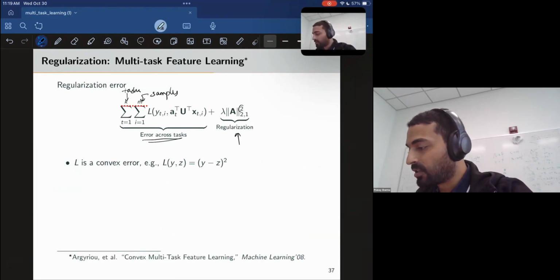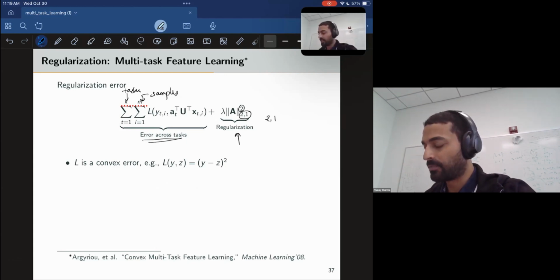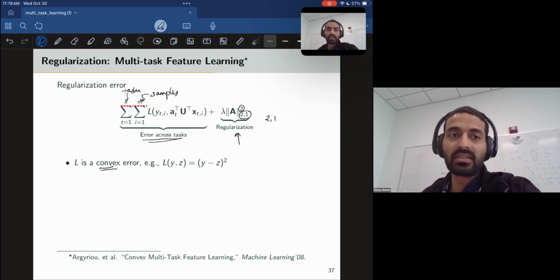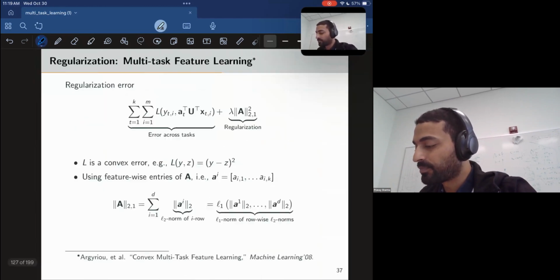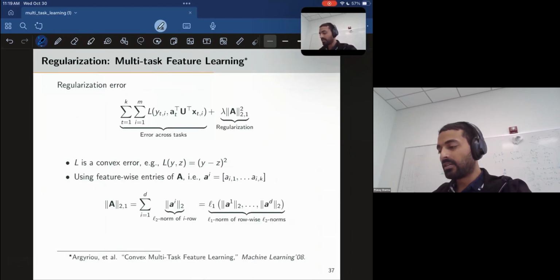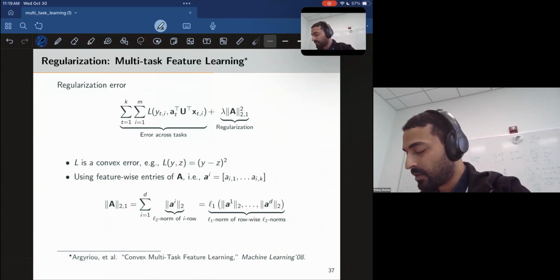This is a square, but you have two subscripts, 2 comma 1. What does this mean? Okay, so the first term is simple enough. We'll choose some convex error or some simple non-convex error, for example Euclidean distance. But the second term is something really cool.